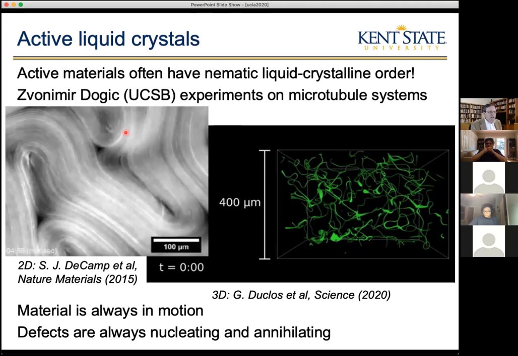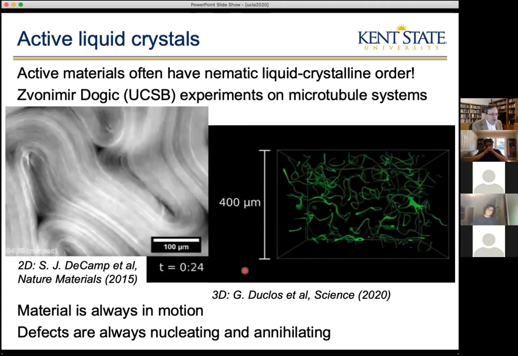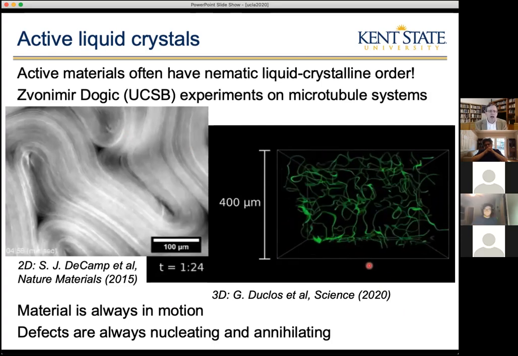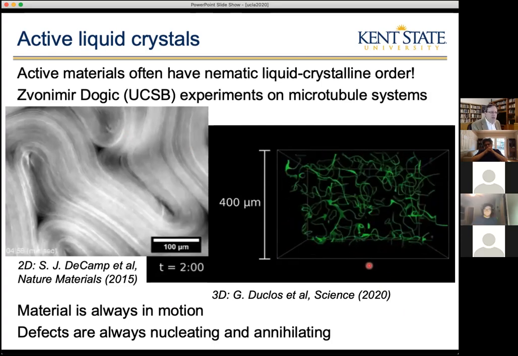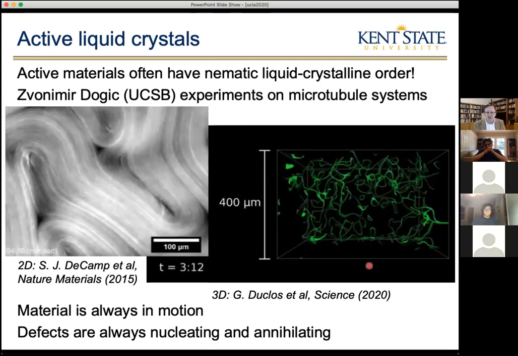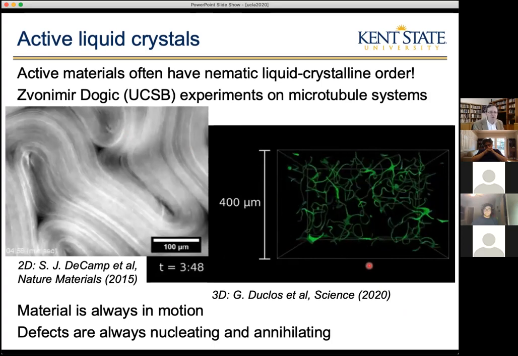More recently, the same Dojic lab has also done experiments in 3 dimensions. Okay, so here, let me see if I can play this 3-dimensional movie. That's this one over here. So here, they have highlighted the defect cores through extensive data analysis and image processing.